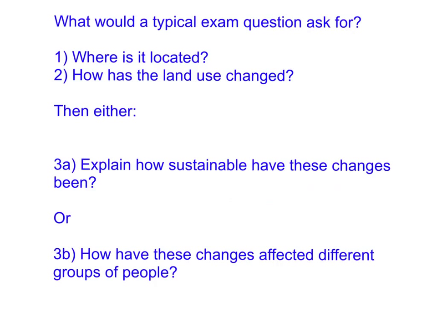Then you'll have an explain question. The mock exam question asked you to explain how sustainable the changes were. The only other question I can think of which they could ask at this point is how these changes affected different groups of people. What we need to do now is go through each of these in turn and make sure you have got the understanding, the notes, to be able to answer that question with real confidence.